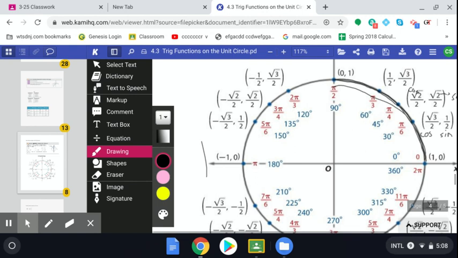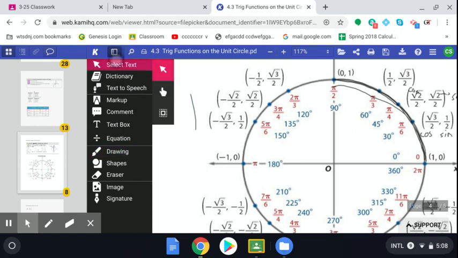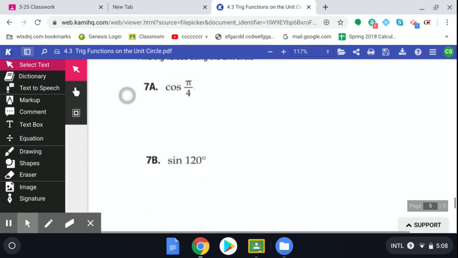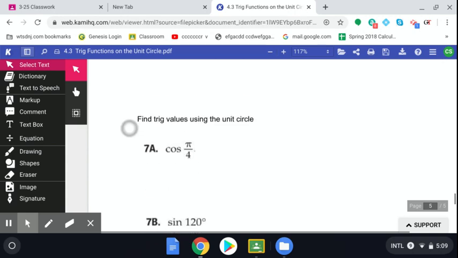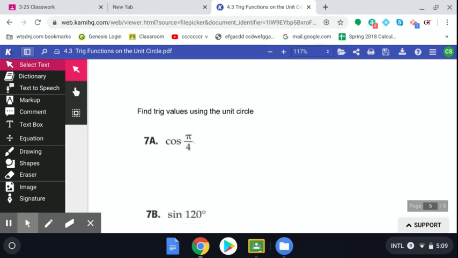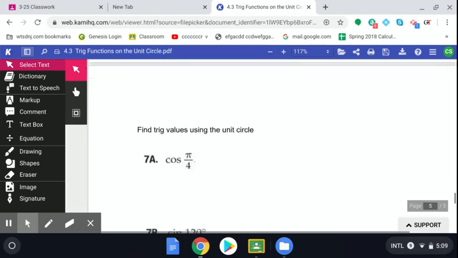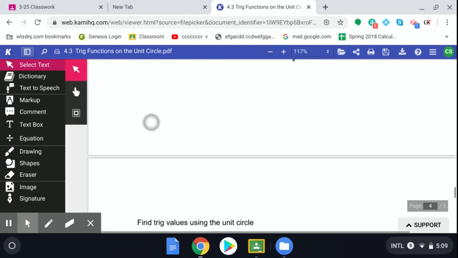So, let's look at some examples, as always. Okay, so you need to find these trig values using the unit circle. I'll let you use the unit circle now, but later on, you are going to have to come up with these without anything. So they want cosine pi over 4.